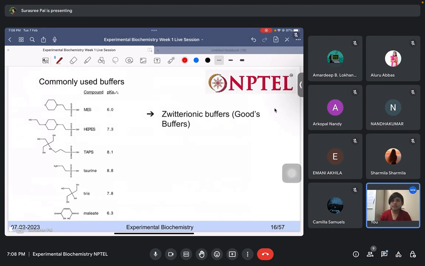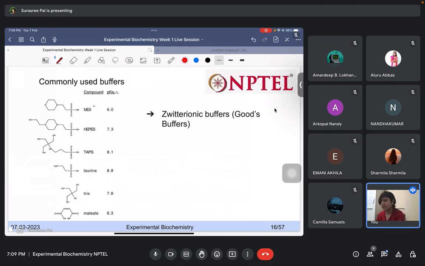The principal advantage of Good's buffers is that they are synthetic, so they usually do not interact with biomolecules, do not form complexes with them, and do not inhibit any enzyme reaction. They also have very high buffering capacity, and can be suitably used for various biochemical reactions.